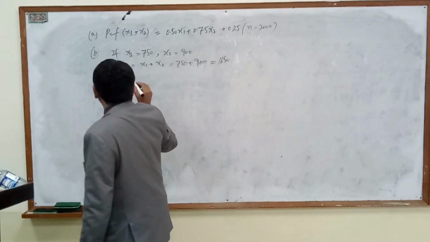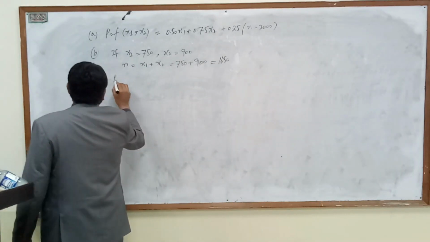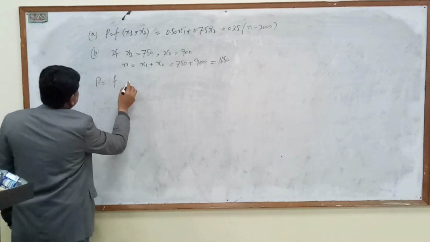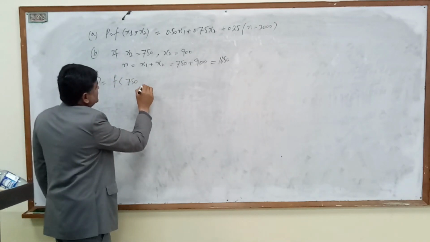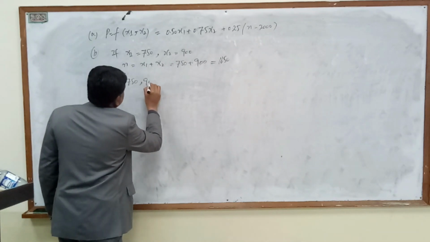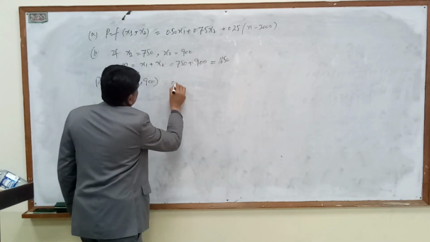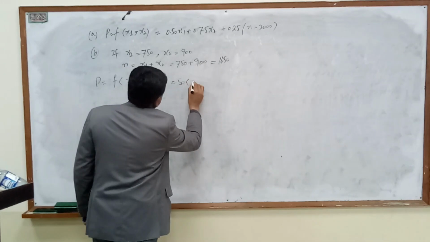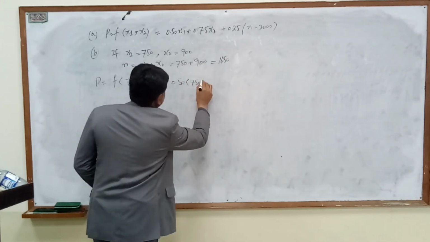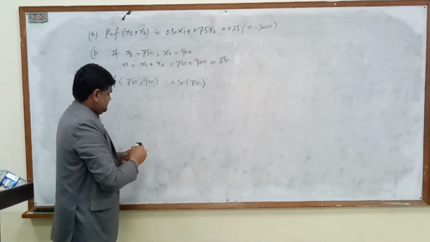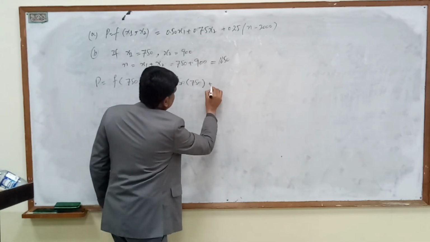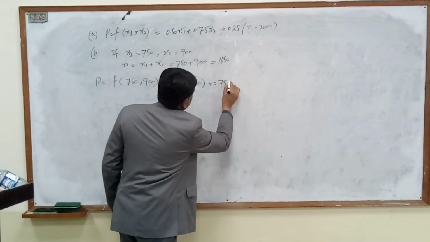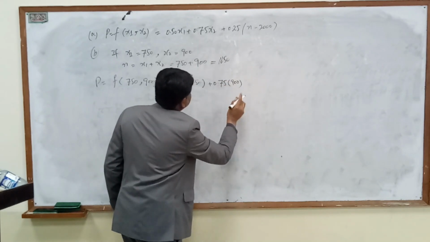So profit is equal to f of 750 and 900. So 0.50 into 750 plus 0.75 into 900.